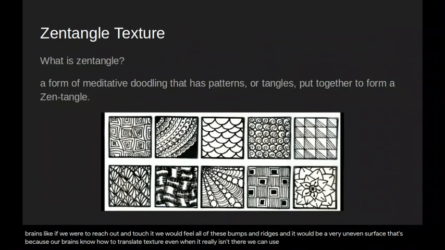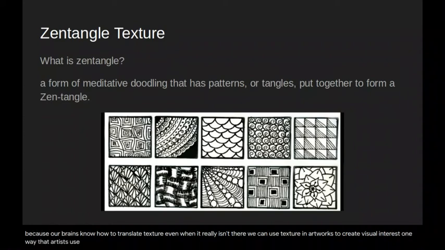We can use texture in artworks to create visual interest. One way that artists use texture is in something called Zentangle. Zentangle is a form of meditative doodling that has patterns, sometimes called tangles, put together to form a Zentangle.